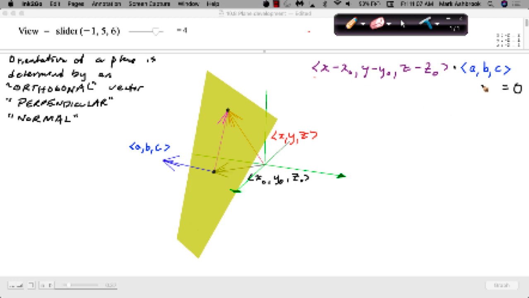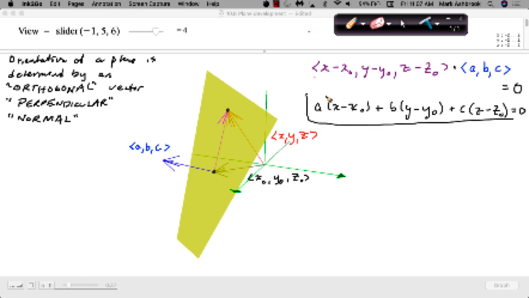So doing the math here would mean what? A times x minus x naught equals. So that's our first form of the equation of the plane.